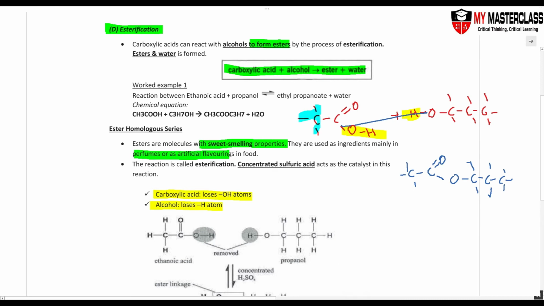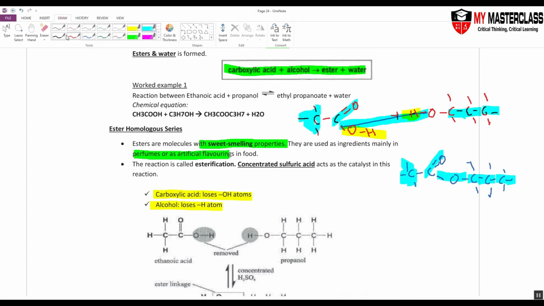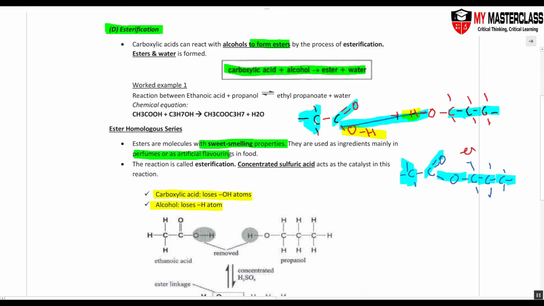This CH3 is this CH3. C double bond O is this C double bond O. CH3, CH2, CH2. So I'm just joining this carbon, this bond all the way to the O. So this is your ester.